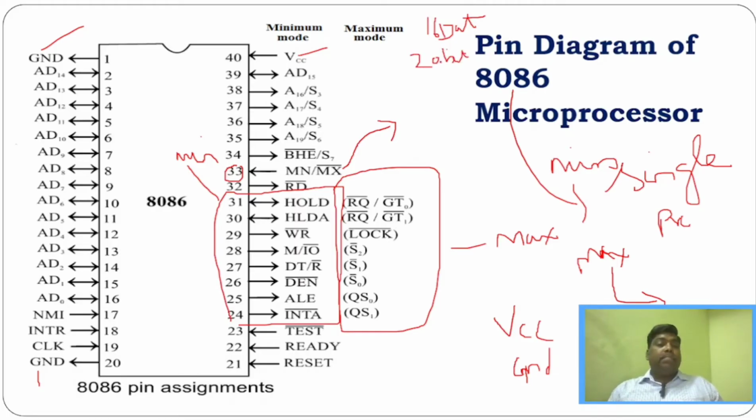You can see here from A19 down to A16, and this is called the address data lines, from 0 to 15, like you can see here the 39th pin. So AD0 to AD15.